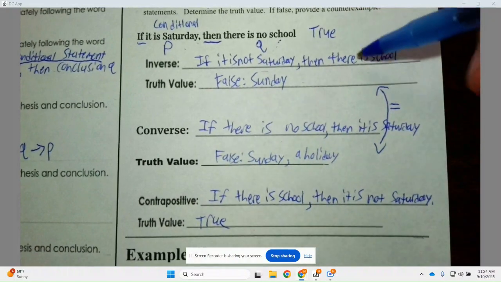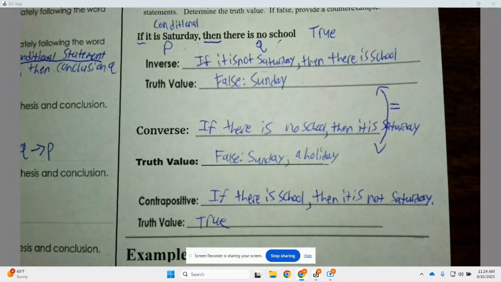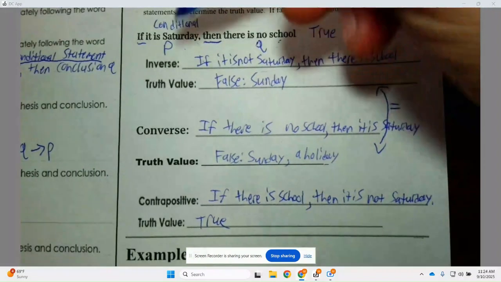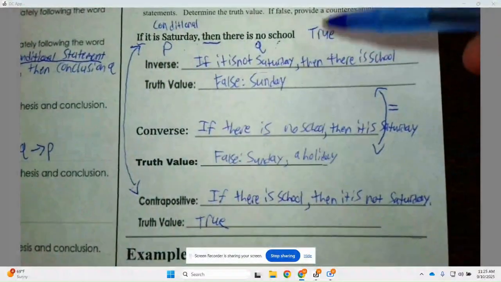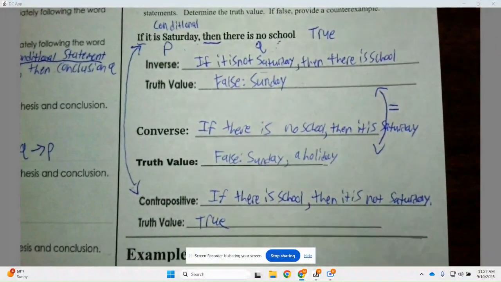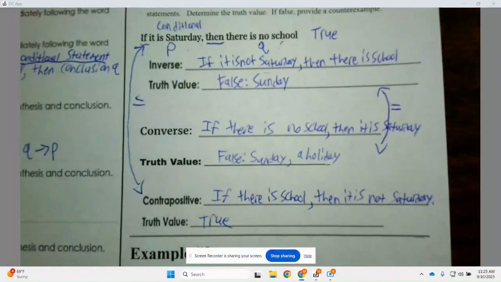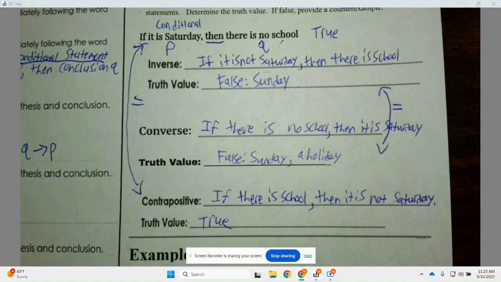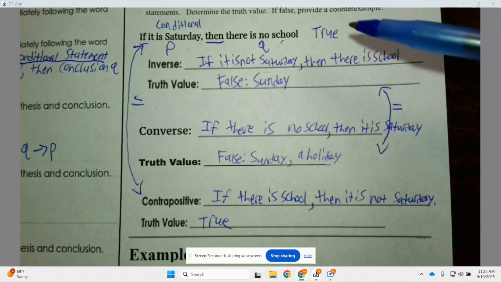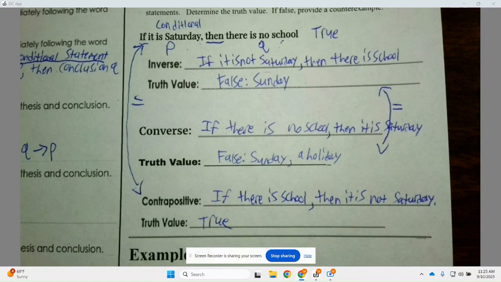So if the inverse is false, the converse will be false. And now the same thing applies for the original conditional statement and my contrapositive. They will also have the same truth value. So if I know that my contrapositive is true, my conditional is true, and vice versa. If my conditional is true, my contrapositive is true.